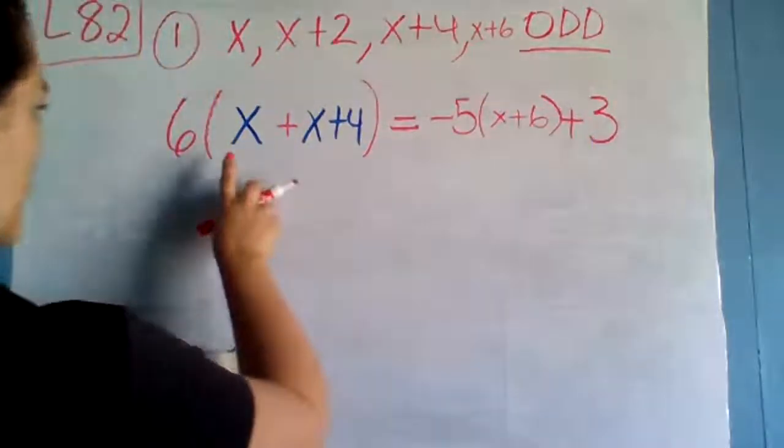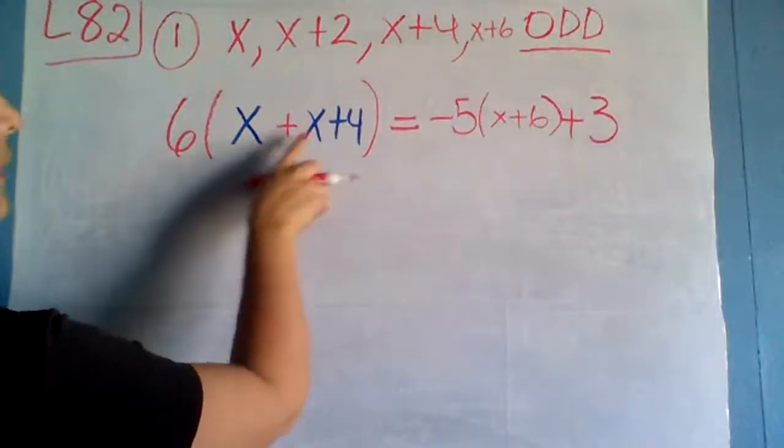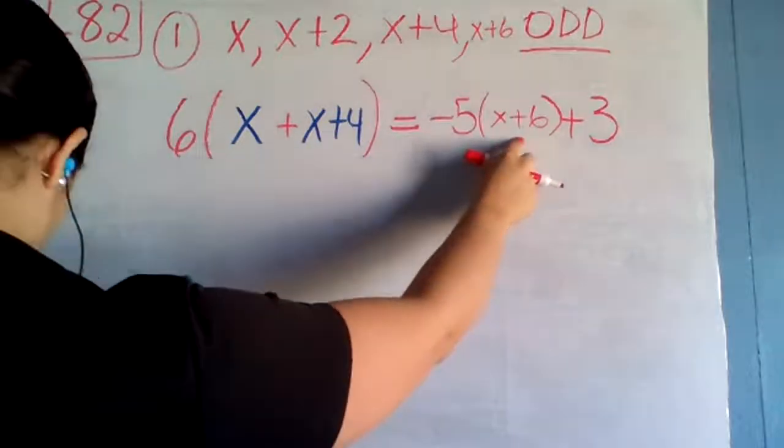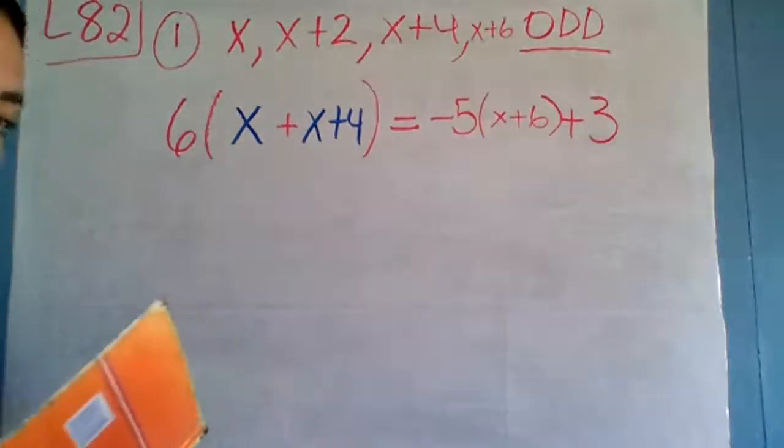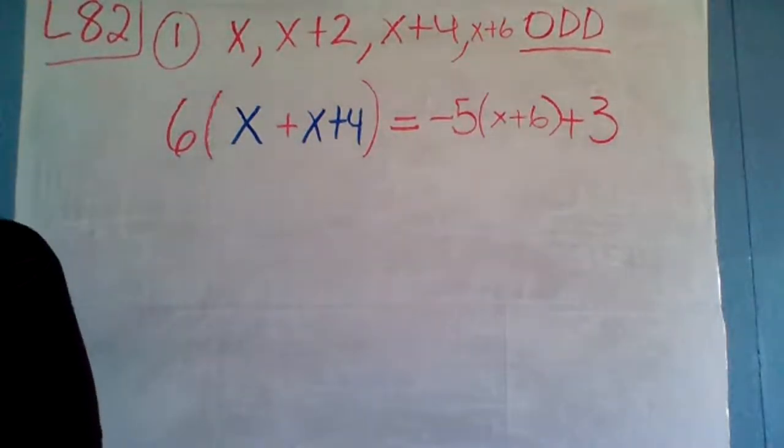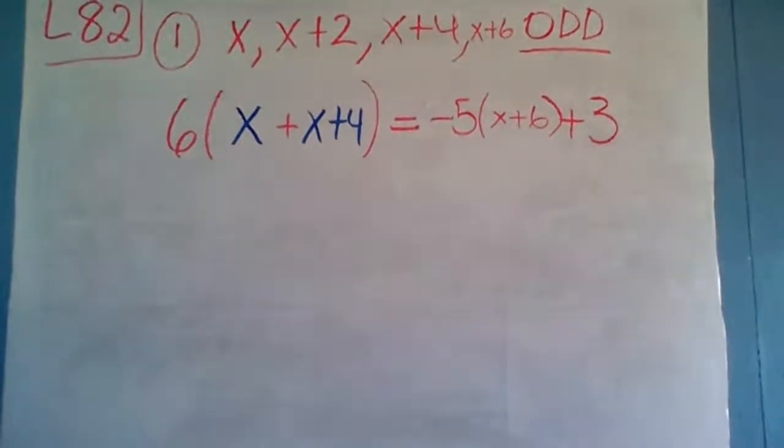All right, let's check I did this correct. The first one and the third one and the fourth one. Yes. Okay, so check and see if that's what you did on your problem set. That's what you should have.